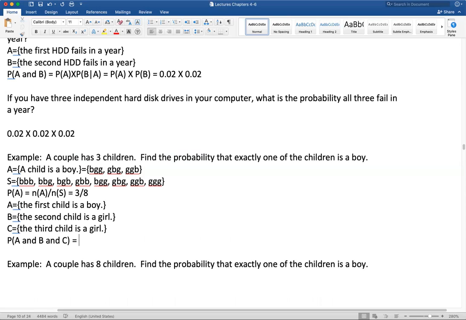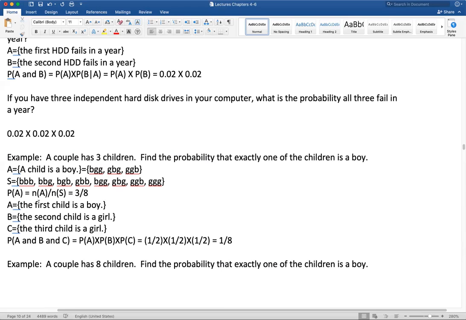Because the probability that the second child is a girl will not be affected by the first child being a boy, and the probability that the third child is a girl will not be affected by the second child being a girl and the first child being a boy. So all three events are independent, so this is equal to P of A times P of B times P of C, which is half times half times half, which is 1/8. Now, that's not the answer, okay?